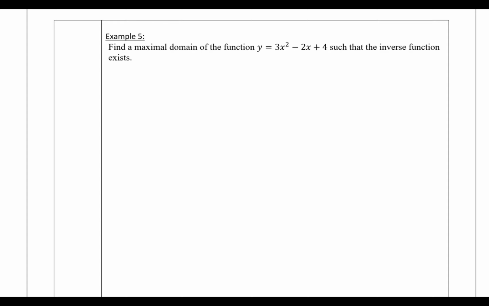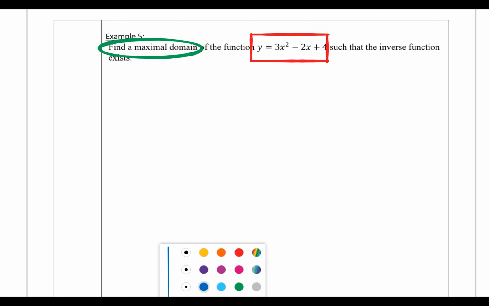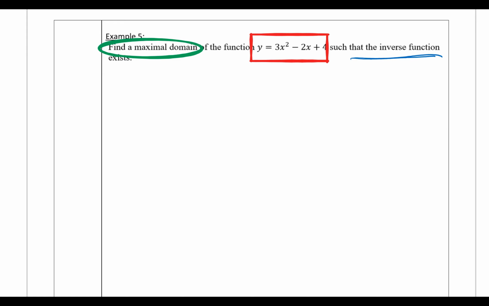Our final question is also quite a common one. We're asked to find a maximal domain for this thing here such that the inverse function exists. Well, another way of saying such that the inverse function exists is to say so that it is 1 to 1. Well, remember that means restrict at the turning point.